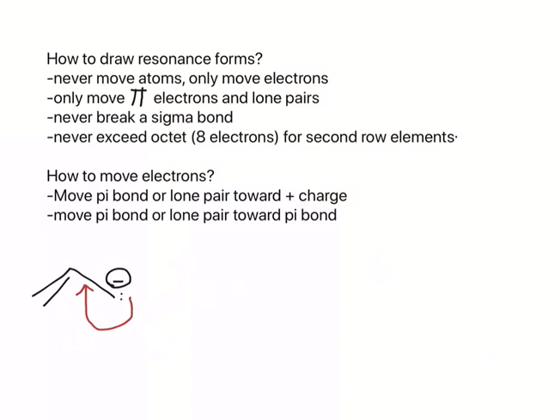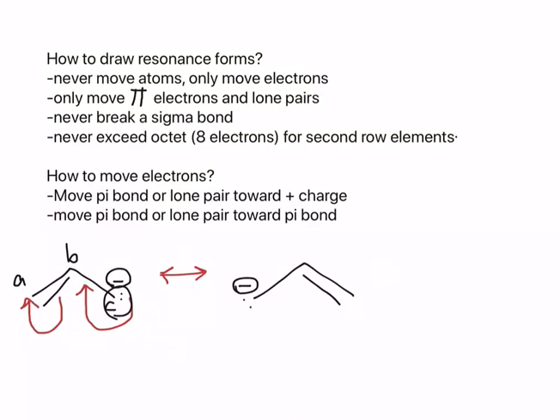Another example is this carbanion. We can move a lone pair toward a pi bond. So I move this lone pair toward the pi bond, and now this carbon has 5 bonds, so the pi bond has to break, on this carbon at the end, and this is the structure of the resonance contributor.